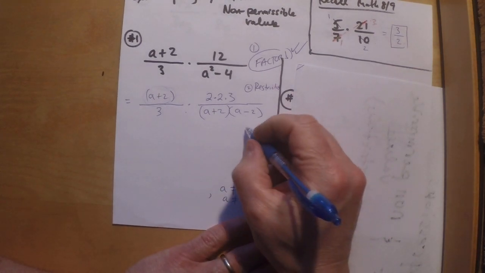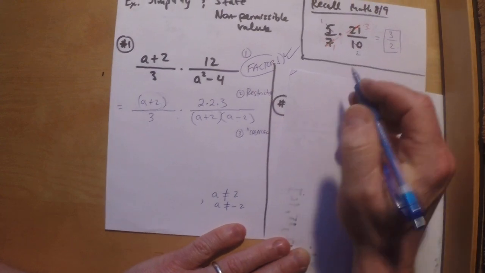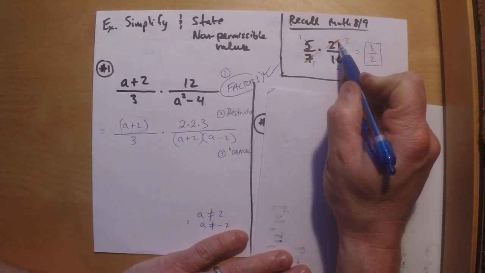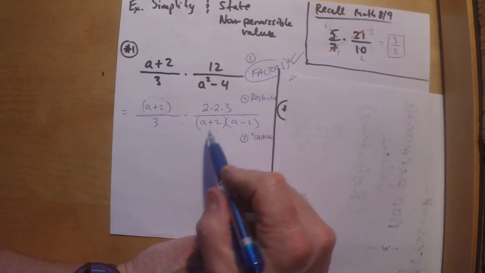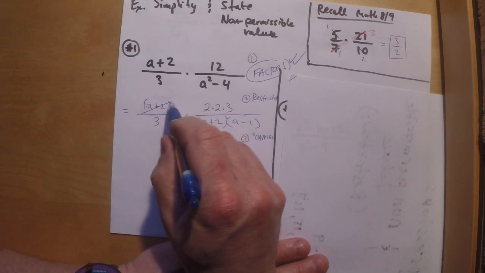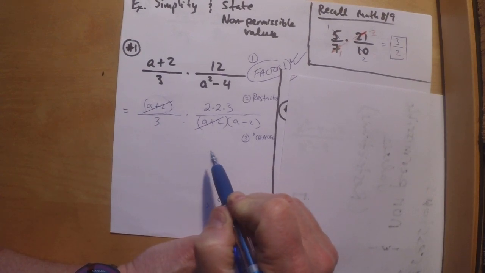The next step is now I can, I'll put this in quotes, cancel. Just like up here, you could cancel, you divided by 7, divided by 7. Here, you've got a few things that you can divide out. Now, this a plus 2 will divide out with that a plus 2 because they are identical factor packets.